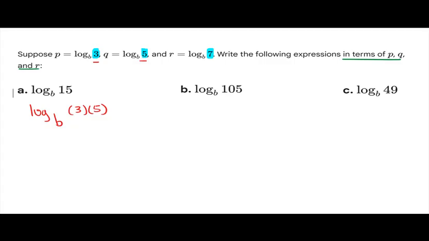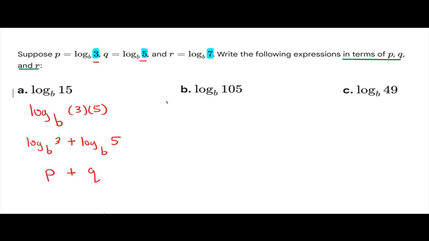Now if I expand this, we have log base b of 3 plus log base b of 5. And then we can substitute. We're told that log base b of 3 equals p, so this is p plus log base b of 5, which equals q. So this is q.